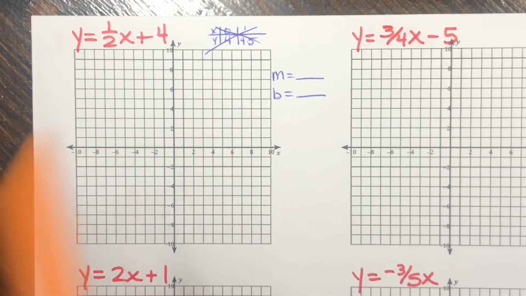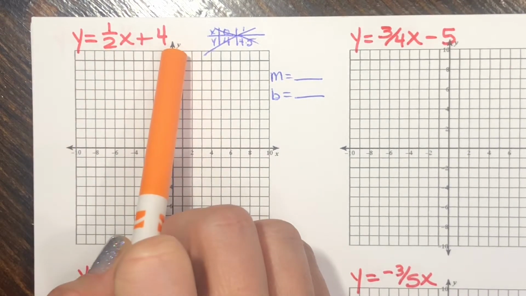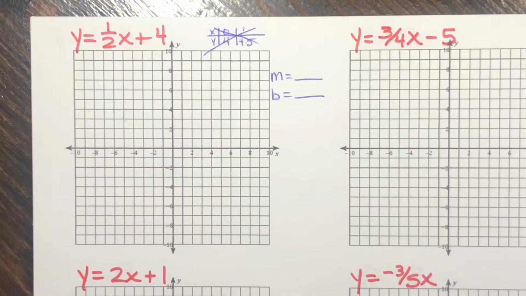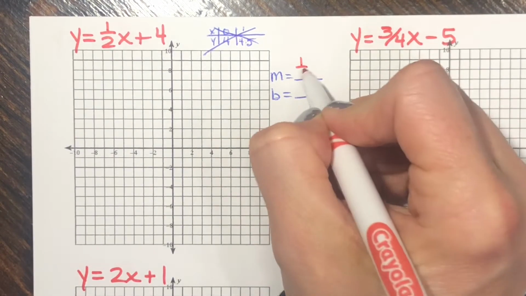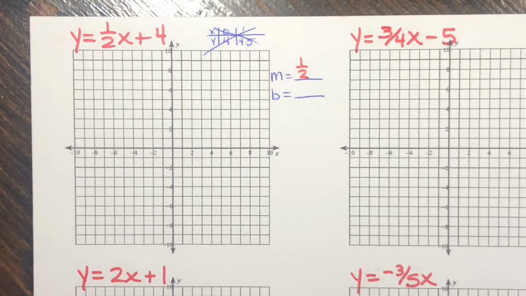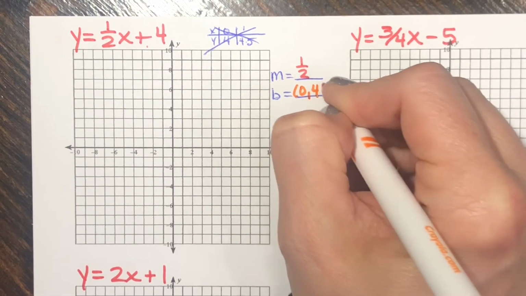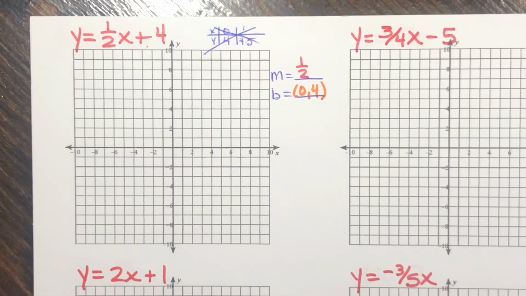Looking at this equation, it's already in slope intercept form. The y is by itself. I don't have to move anything around. I literally just have to write that my slope is 1/2 and my beginning value is 4, but we write it (0, 4). And right now I have everything I need in order to graph a line.